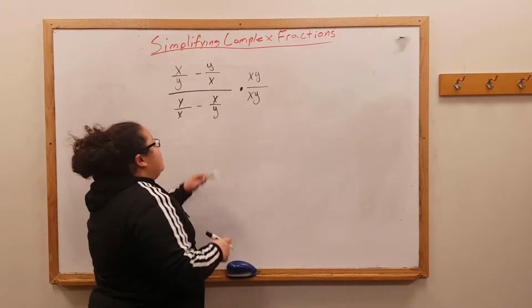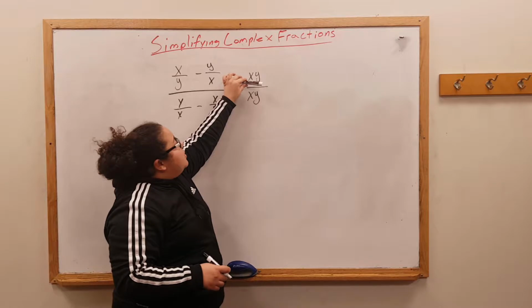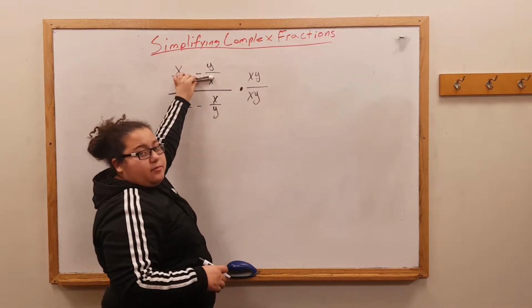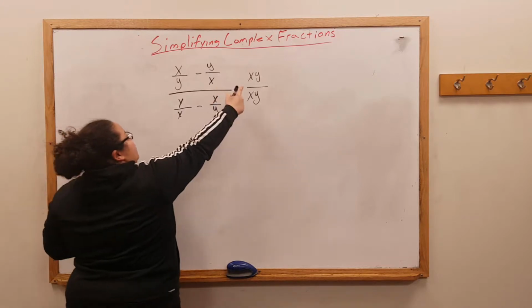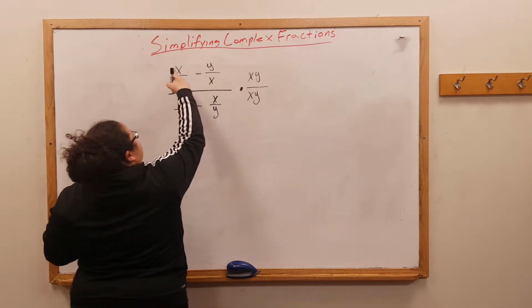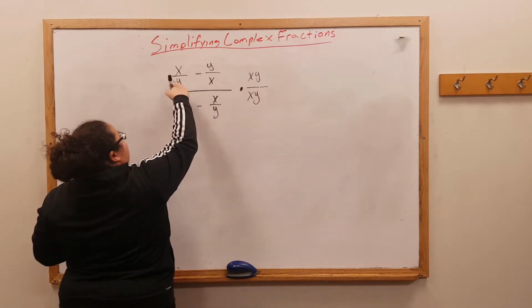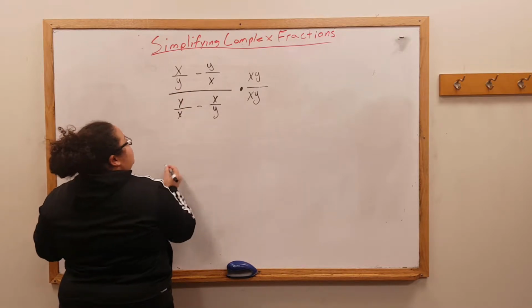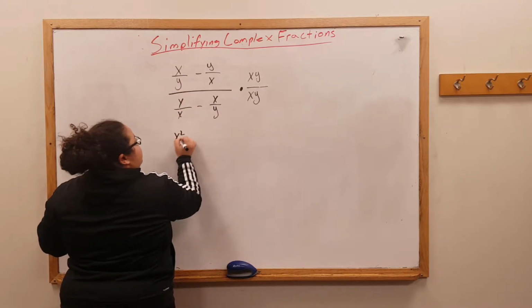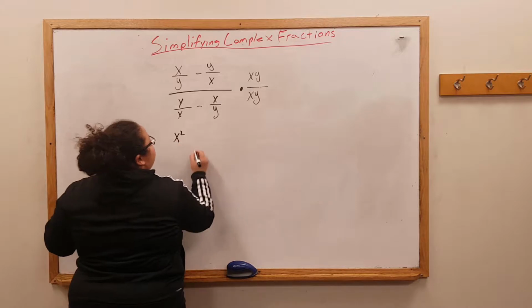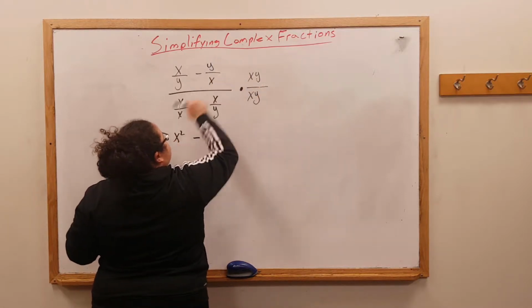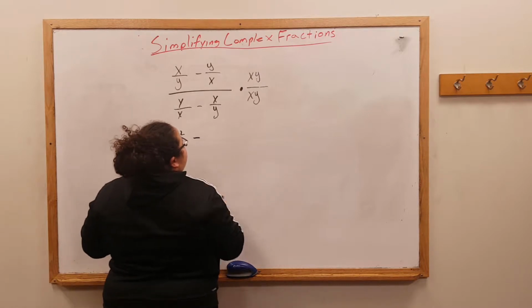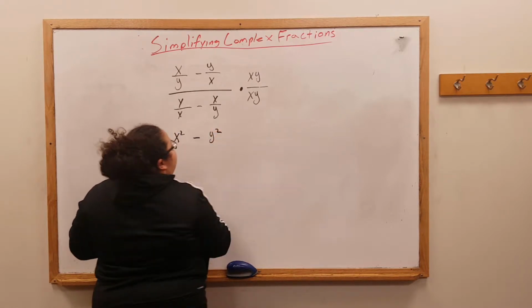Alright, and at this point, the top always stays on the top, and the bottom stays on the bottom. So we have xy times x over y, we get x squared because the y cancels, minus xy times y over x, we get y squared because the x cancels.